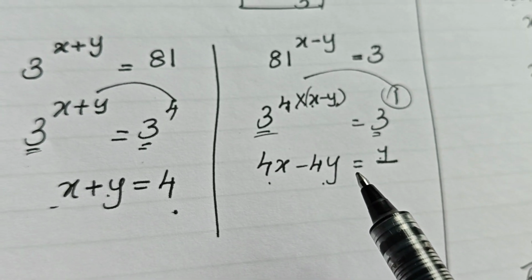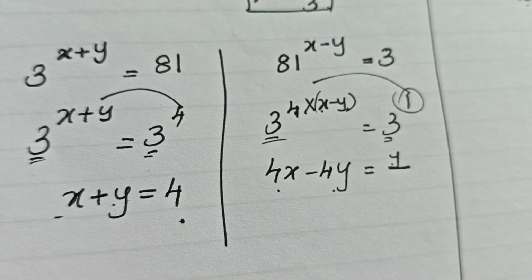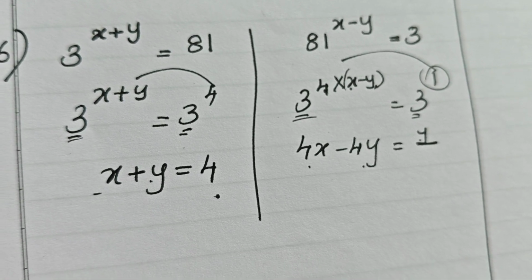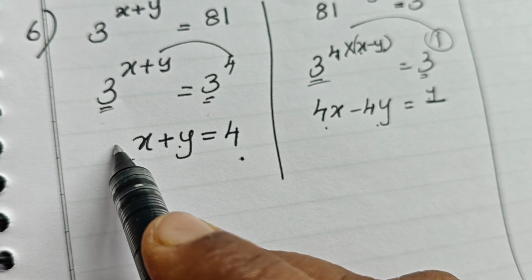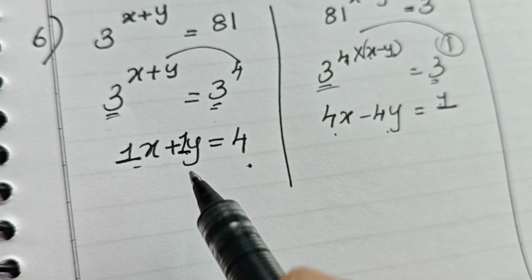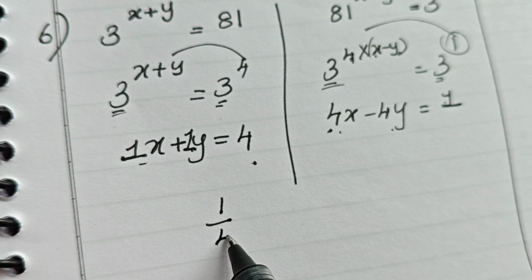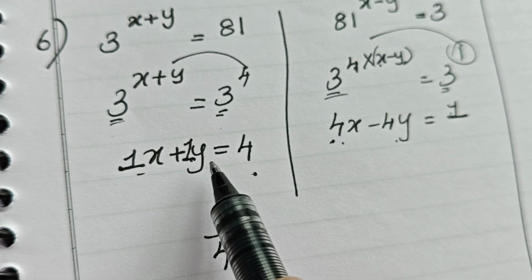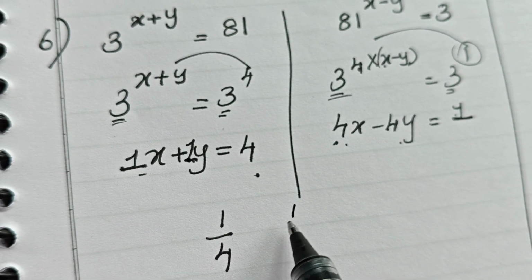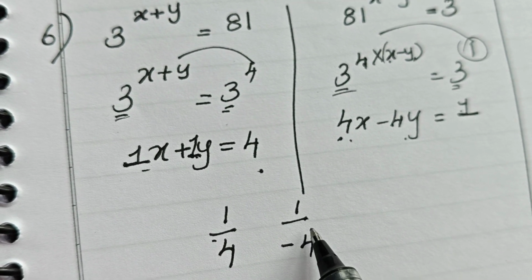Now to check the solution, we have to compare first a1 by a2. What is a1 by a2 here? A, B both are 1. a1 by a2 will be the coefficient of x by the coefficient of x in the other equation. Then b1 by b2 is 1 by minus 4. Are they equal?